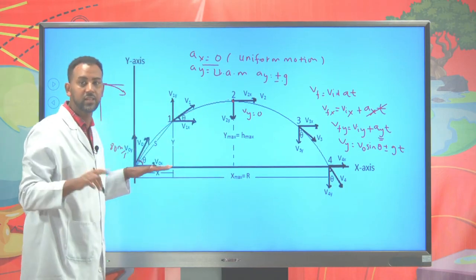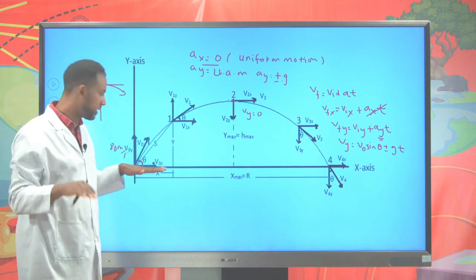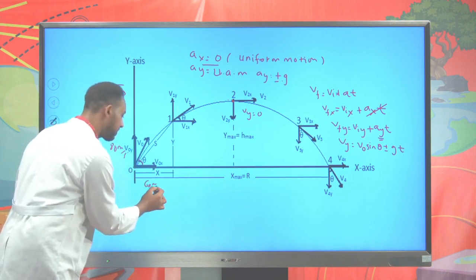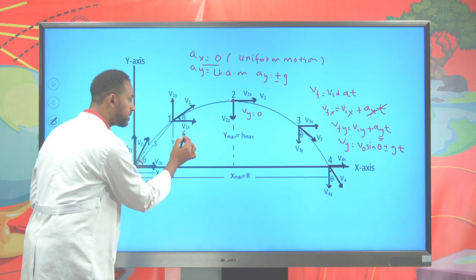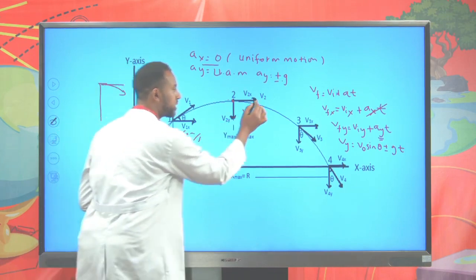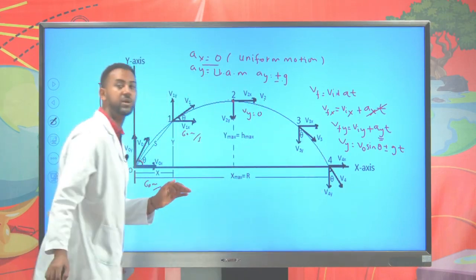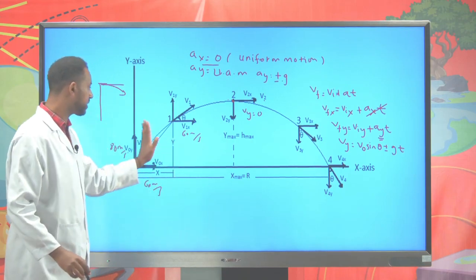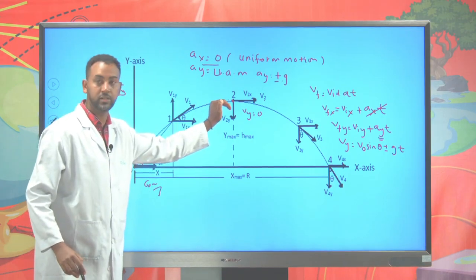But we have said that the horizontal velocity remains constant. Initially, we found it to be 60 meters per second. At point 1, it is 60 meters per second. At point 2, 60 meters per second. Everywhere, the horizontal velocity remains constant. But the vertical velocity gradually decreases and reaches 0 here.